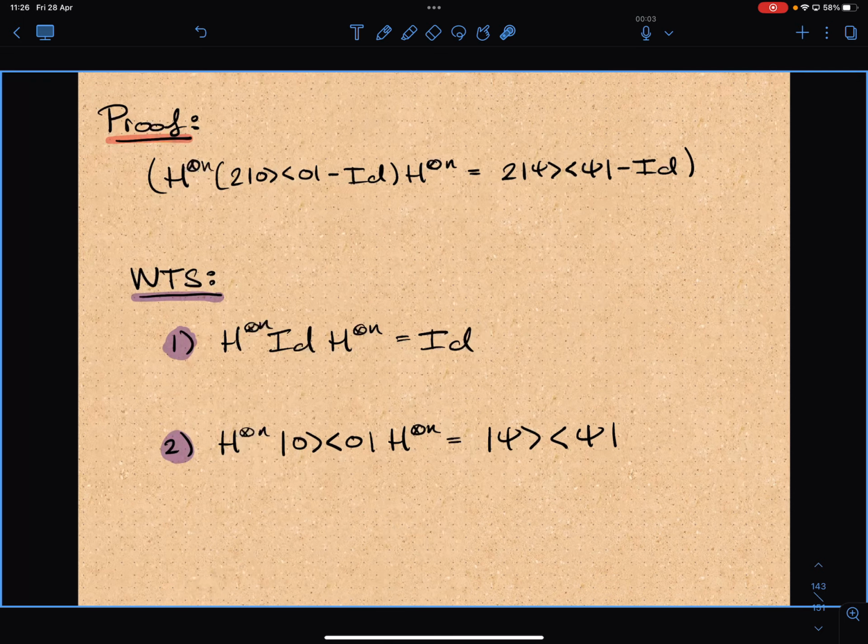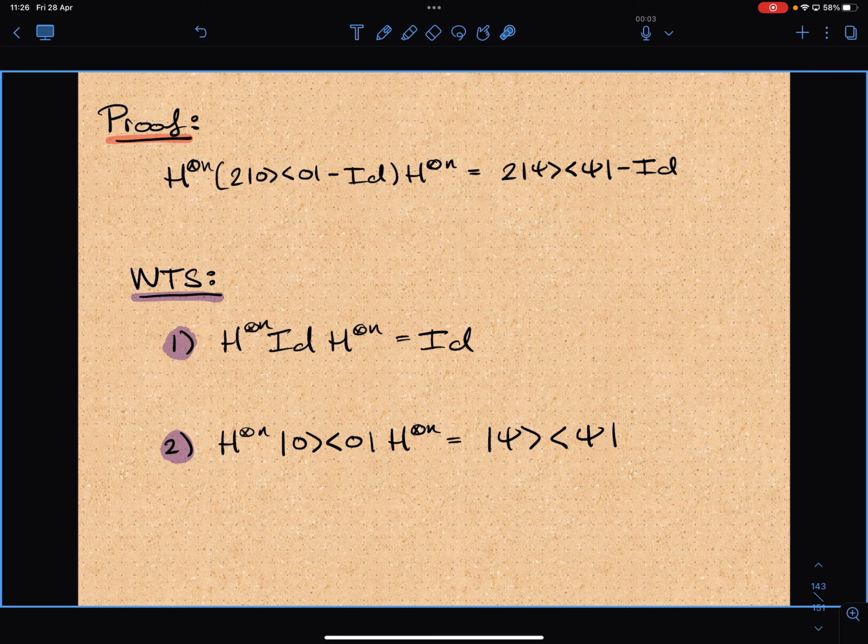So let's go through the argument of how we obtain this identity between the phase operator with the Hadamard gates and this reflection over psi. This is what we want to prove.